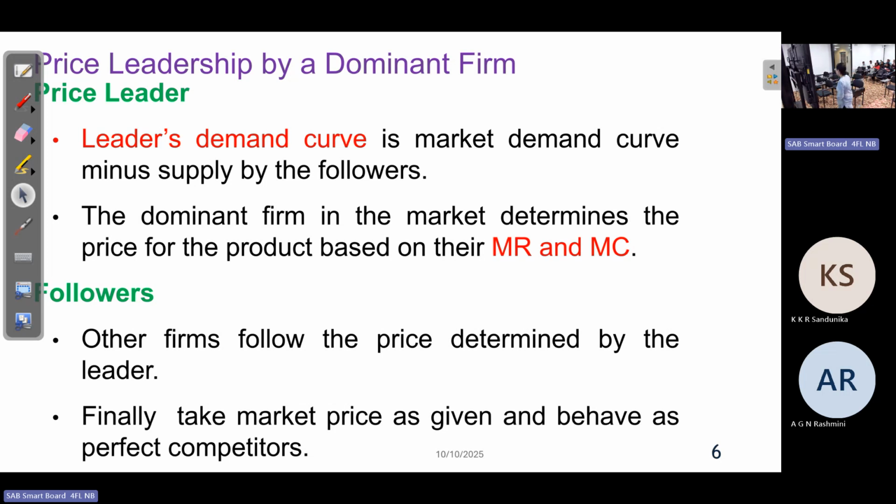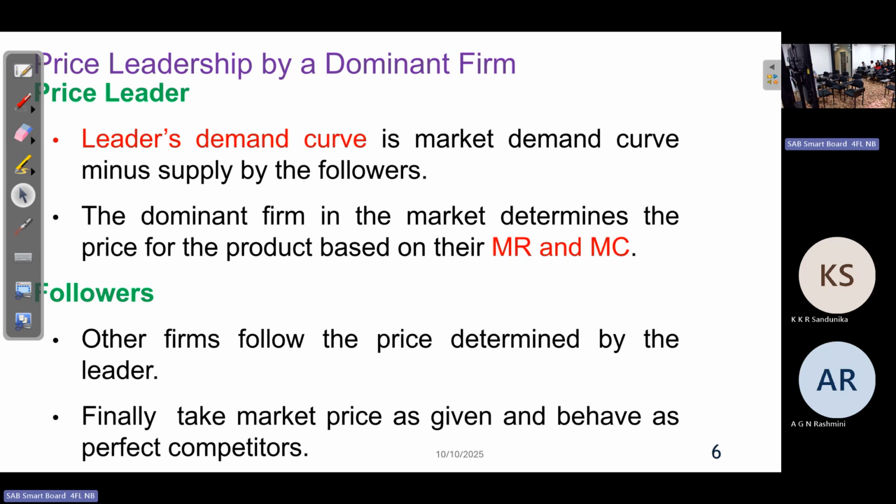So in this market, if we take the quantity here, the market demand is 1,000 packs of cement demanded by the entire market. Let's say Tokyo is the leader, and all the other few firms supply together, as followers, let's say 400.